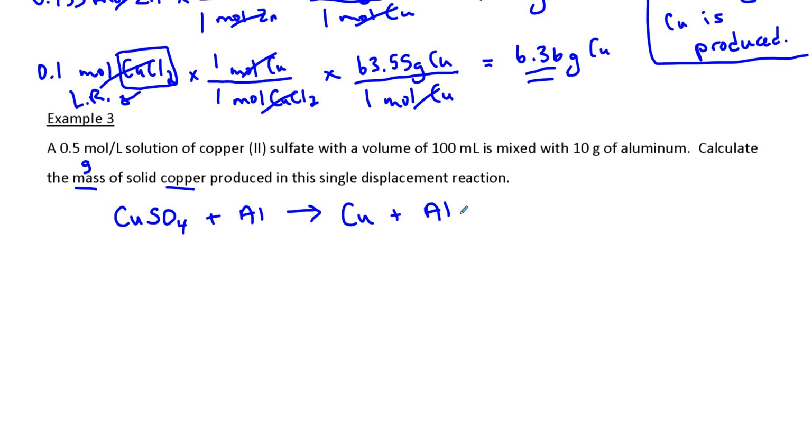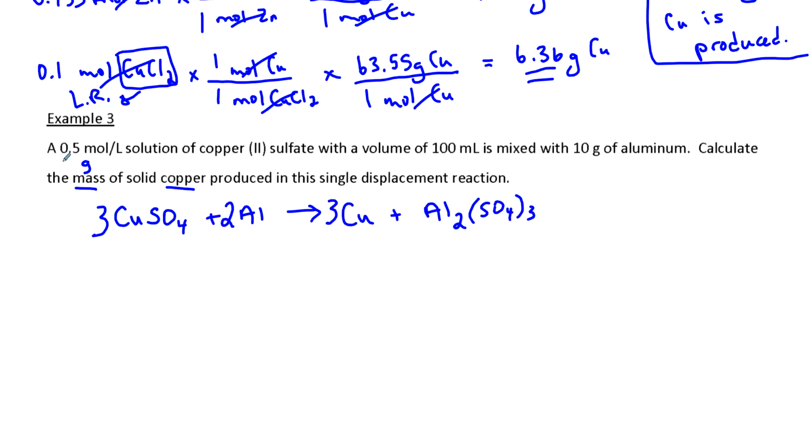Now aluminum's a +3 and sulfate's a -2. So we've got a crisscross there, like that. So we do need to balance this. Start with aluminum, we'll put a 2. Sulfate, there's 3 of them, so let's put a 3 here, and then we'll need a 3 there. And that should do it.